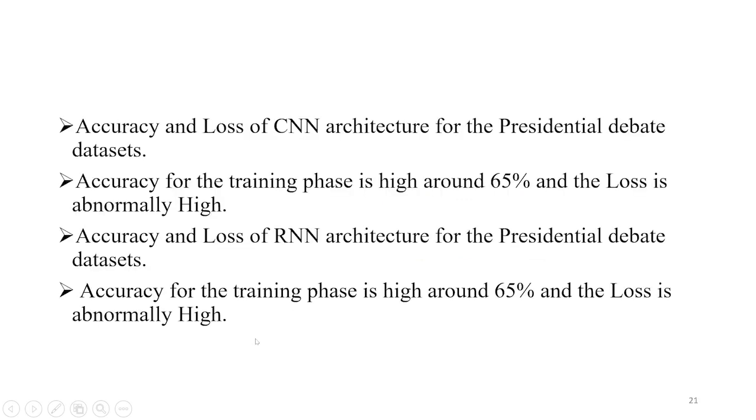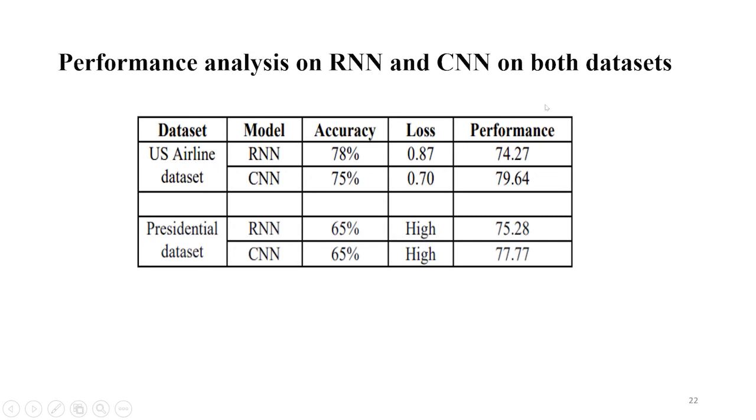Here is the tabular representation of all the performance metrics which we have studied. RNN and CNN, based on accuracy and loss, we have calculated the performance. CNN gives 79.64% performance and RNN gives 74.27%. So on the second data set, CNN gives more performance and RNN gives comparatively less.